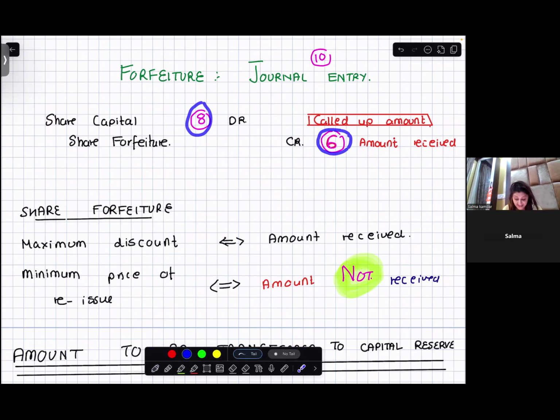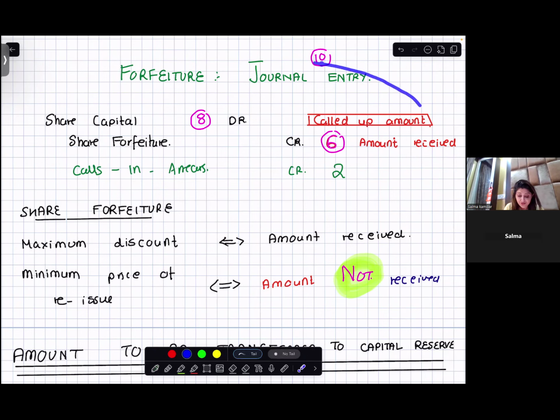What you did not receive? You did not receive 2. That 2 would be which account? It would be your calls in arrears account. You are cancelling your calls in arrears because you've not received. You debited it, and now you are cancelling the calls in arrears because you are cancelling the shares.